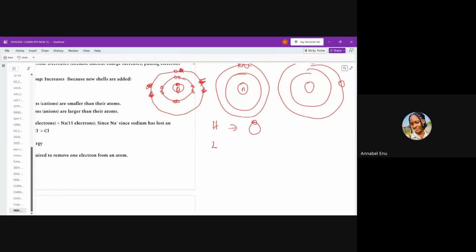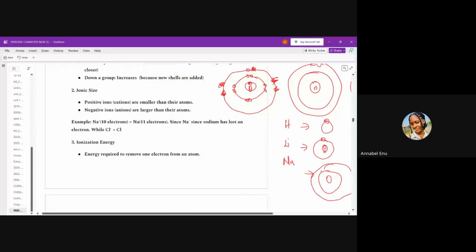Then lithium is the next member of group 1. That is down the group, it's increasing. Sodium is the next member. Lithium is going to be like this, 3, while sodium is going to be like this, 1, 2, 3. So it makes more sense because we're adding more shells, and so the size is increasing down the group.